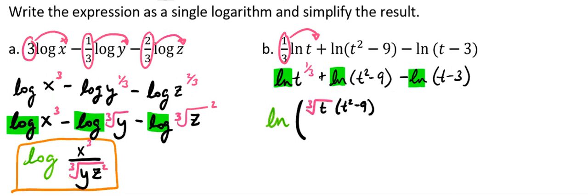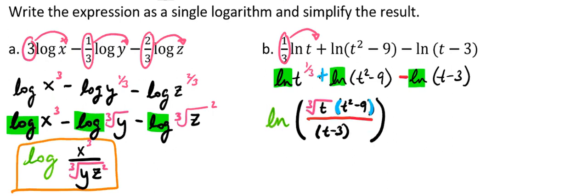We know we're multiplying it because of this plus sign right here. Then we're going to divide, because we have this minus sign here. We're going to divide that by t minus 3.